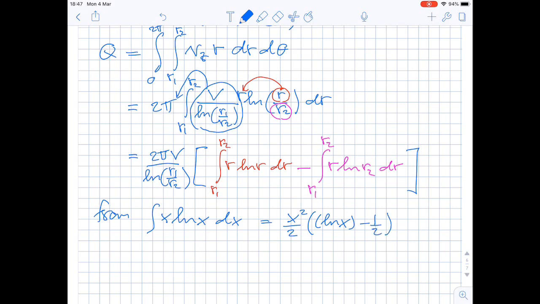So this is exactly the same as the red term.